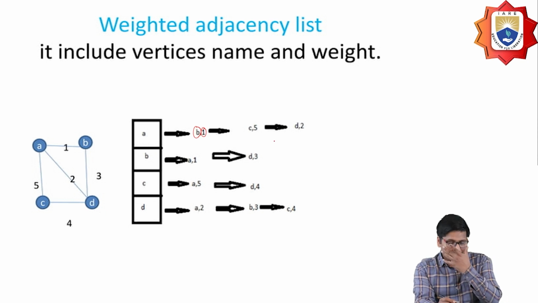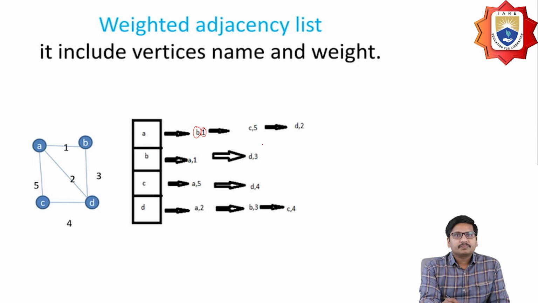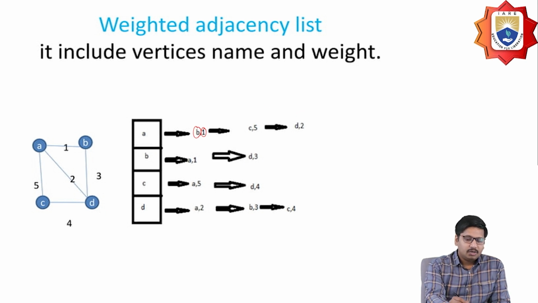Whenever the edge is considered here, along with this, the weights are going to be carried. So for A, the node that is connected is B, the value is 1, and from A to C, the value is 5, and A to D, the value is 2.